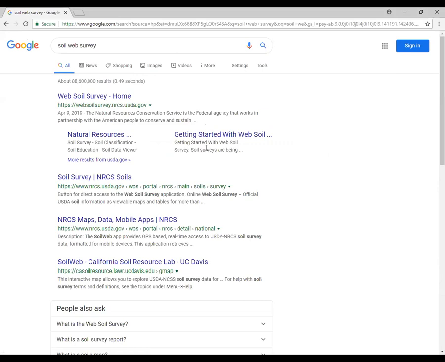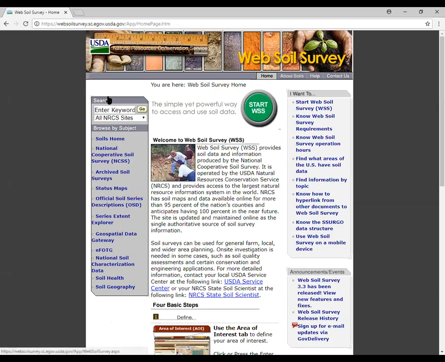NRCS is the Natural Resources Conservation Service. They sent soil scientists around the country examining soils, and they also take the information sent into soil testing laboratories in each state and compile it to create these soil maps. So open up the Web Soil Survey and click on this green button that says Start Web Soil Survey.